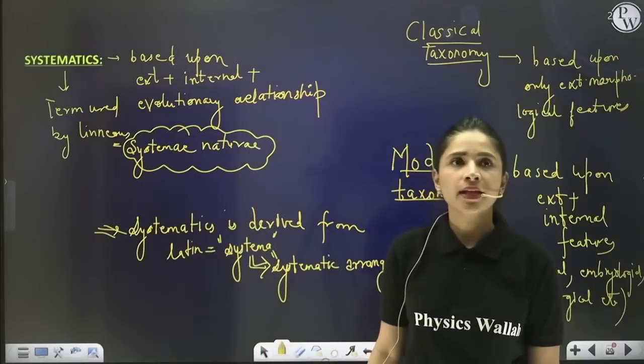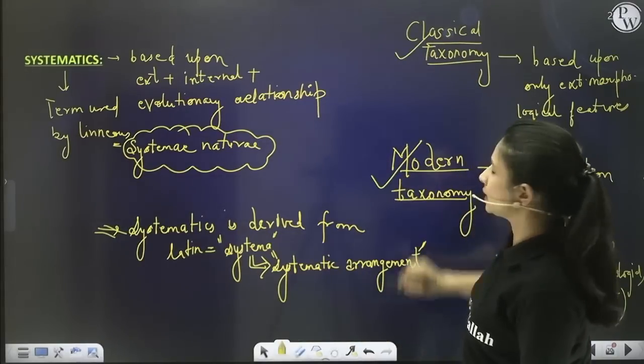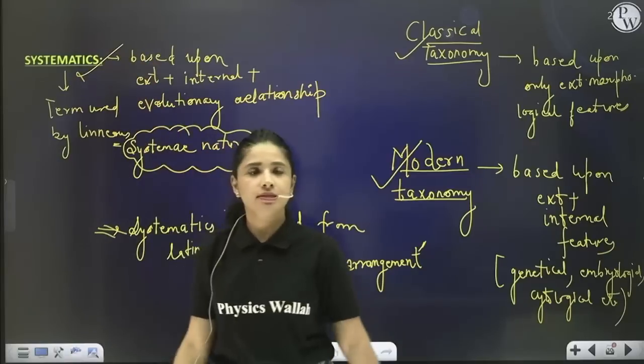Okay? Yes or no? So one is classical taxonomy, modern taxonomy or biosystematics, and then comes your systematics.